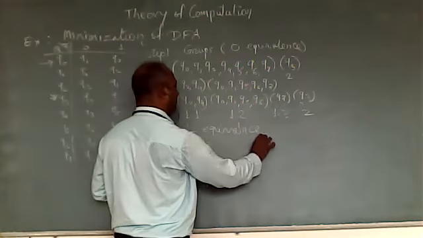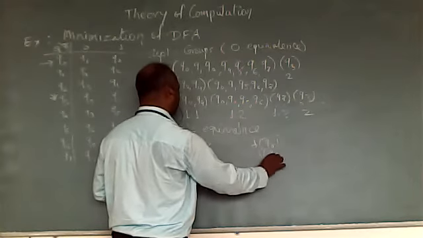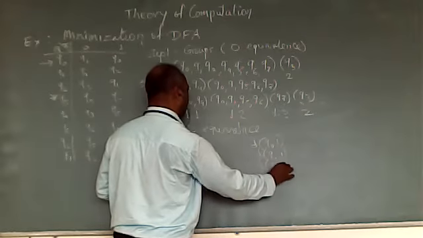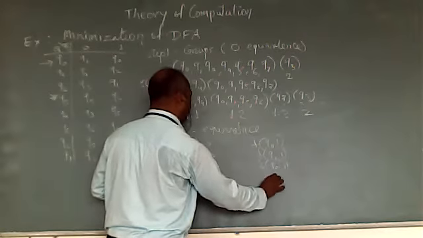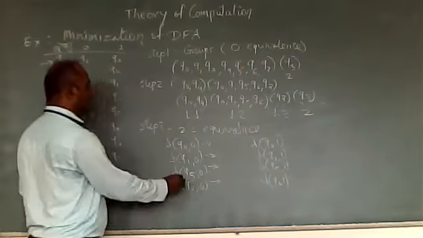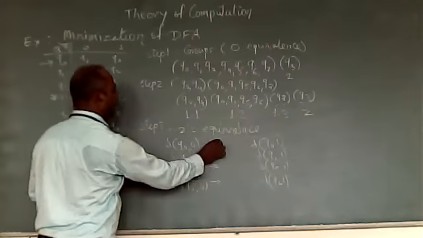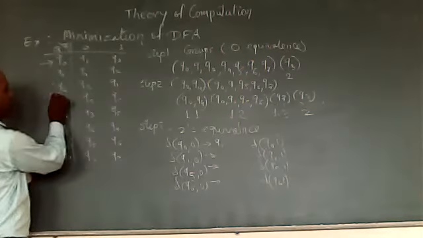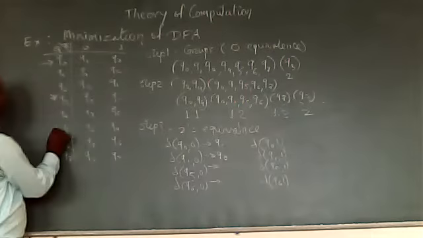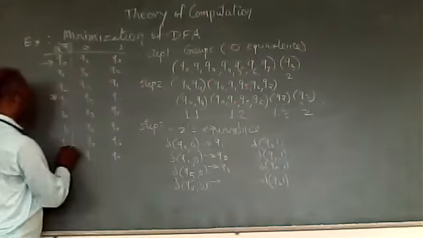Same with the 1 input: delta of Q0, Q1, Q5, Q6 with 1 input. Okay. So check: Q0 with 0 goes to Q1. Q1 with 0 goes to Q0. Q5 with 0 goes to Q6. Q6 with 0 goes to Q5.